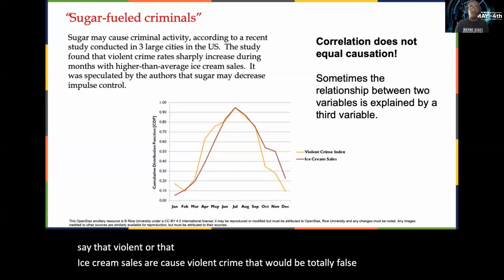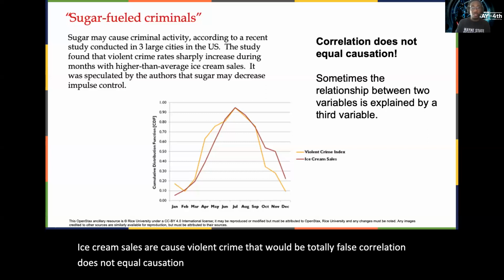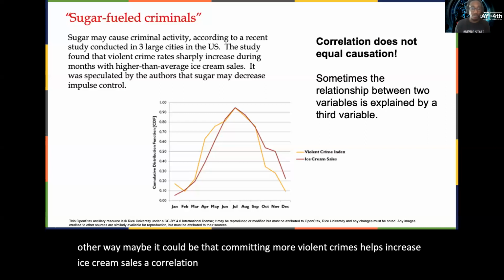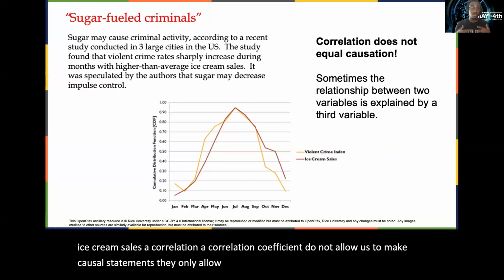Correlation does not equal causation. Another reason for that is we don't know if it goes the other way. Maybe committing more violent crimes helps increase ice cream sales. A correlation coefficient does not allow us to make causal statements. It only allows us to say that there is a relationship between two variables.